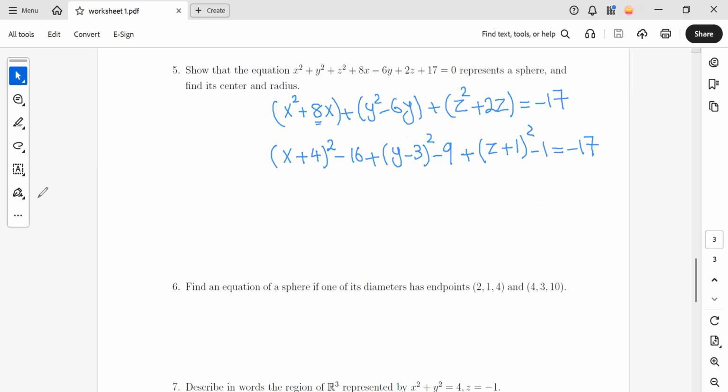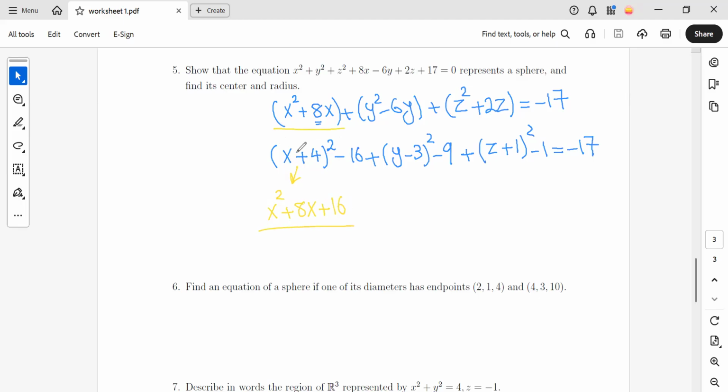If you want to know why we did this, let's do it in reverse. This part is not in the solution; I'm going to illustrate more. What is the answer of (x plus 4) squared? That is x squared plus 2 times 4 times x, which is 8x, plus 4 squared, which is 16.